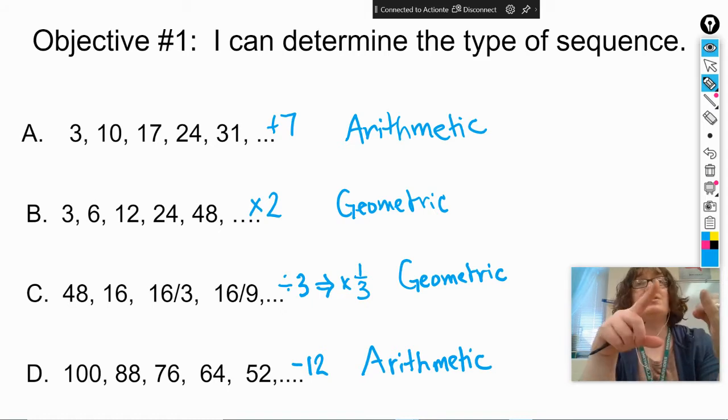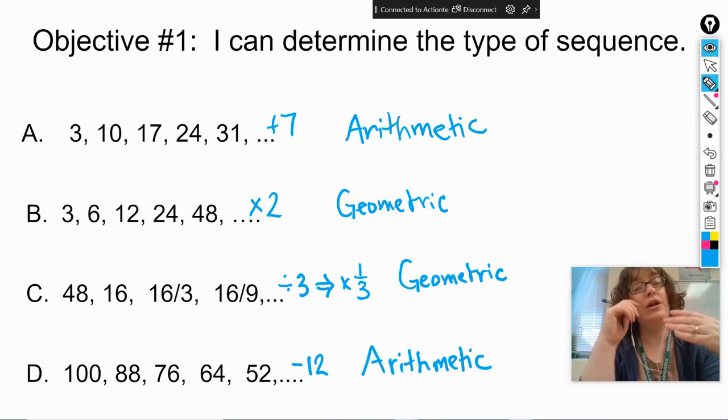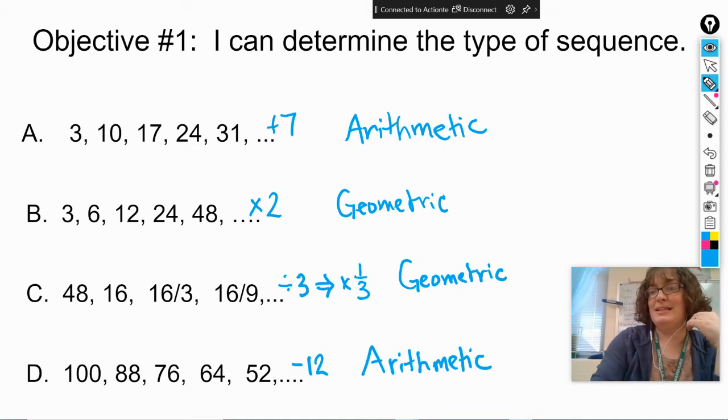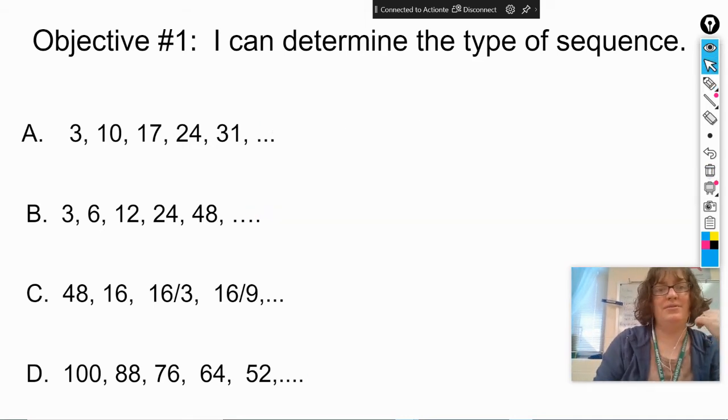If it is, it's called an arithmetic sequence. If the sequence is formed by consistently multiplying by the same number over and over and over, that's what we call a geometric sequence. All right, let's move on and look at our next objective.